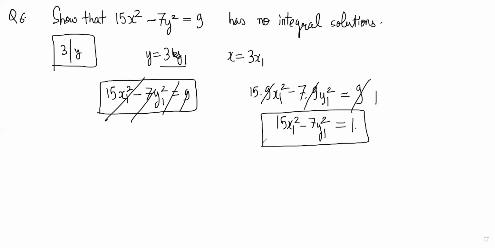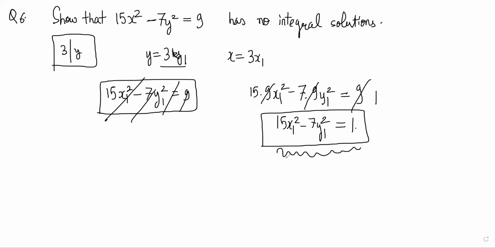And that's not possible, because for any x1 and y1, the difference between 15x1 square minus 7y1 square is greater than 1.